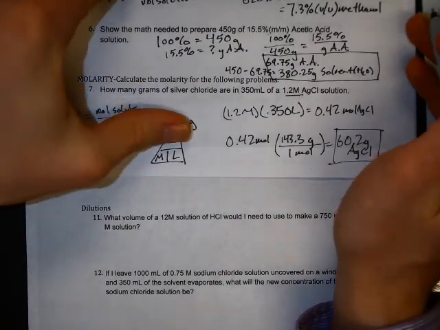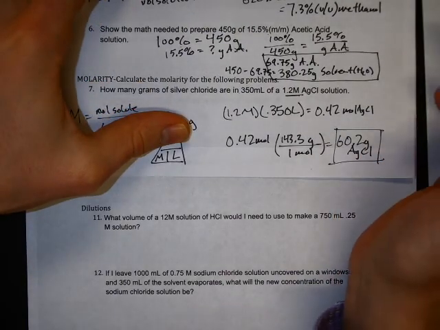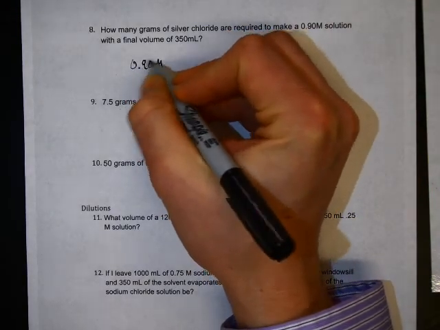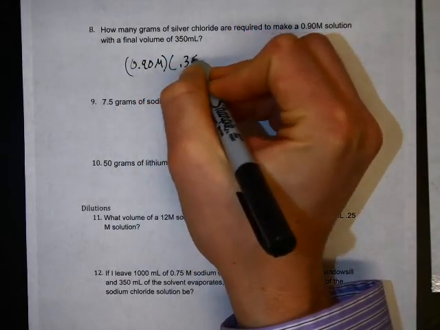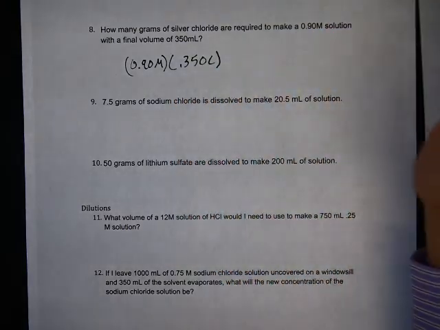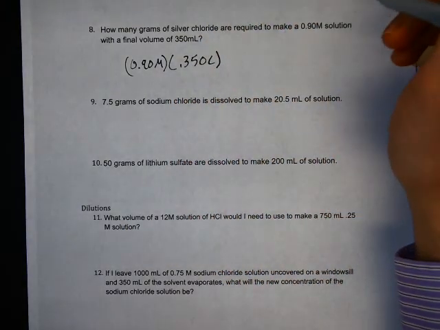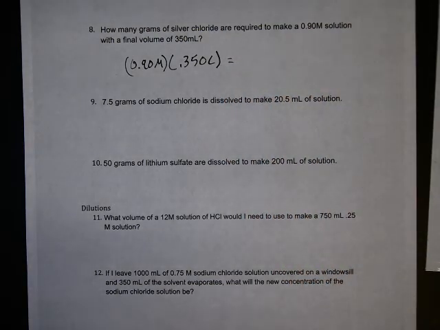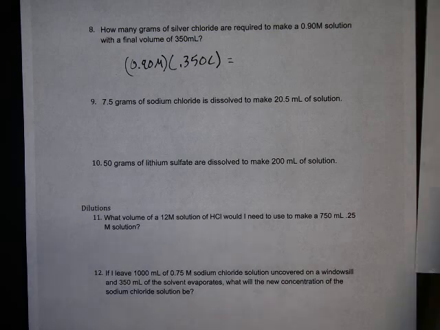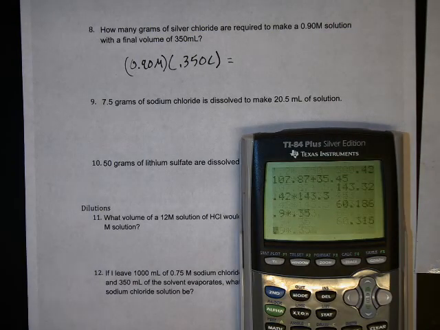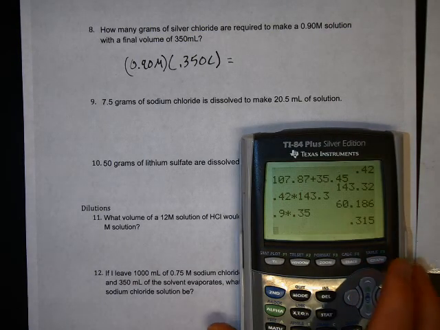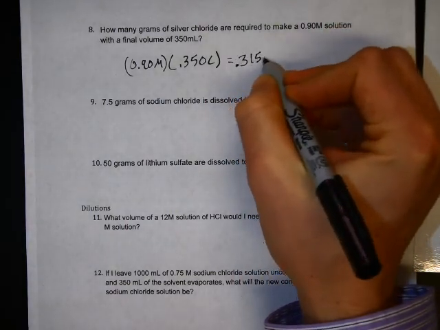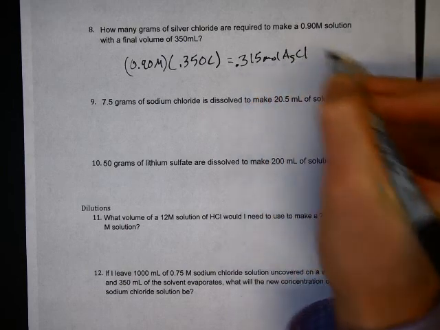I need to find moles, I cover that up. I get molarity times liters, so a molarity of 0.90 molar times 0.350 liters, again just moving the decimal 3 spots to the left to convert to liters, to give me 0.9 times 0.35 liters, which is 0.315 moles of silver chloride.